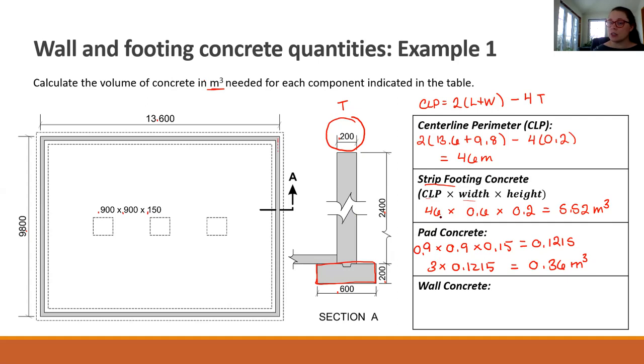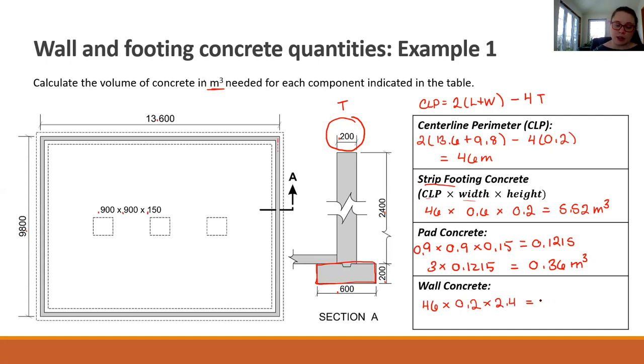You know, for this scenario, you would pour your strip footings and your concrete pads would likely be poured the same day, and then your walls would follow. So for wall concrete, it's the same formula as our strip footing concrete, we just have different measurements. So the length of the wall is the same, still down the center, 46 meters. The width of it is 0.2 meters times a height of 2.4 meters.